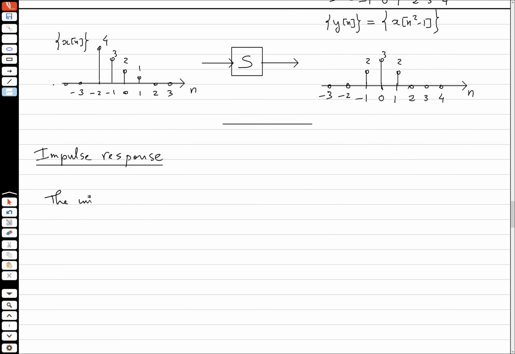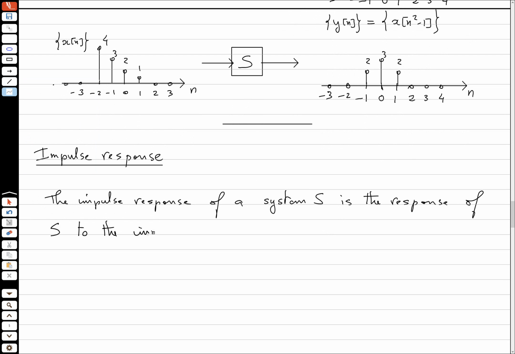The impulse response of system S is the response of S to the impulse sequence.